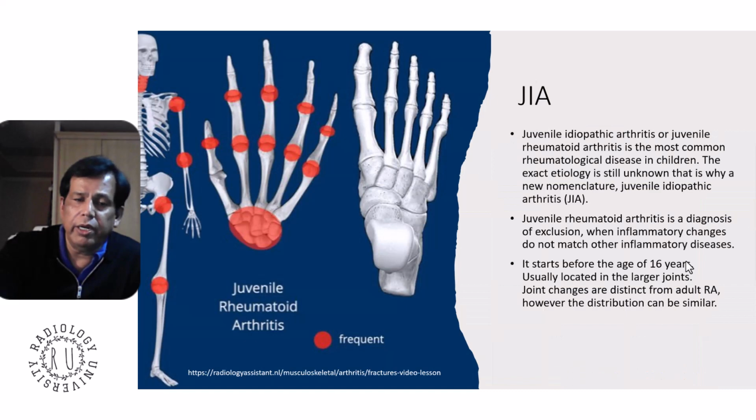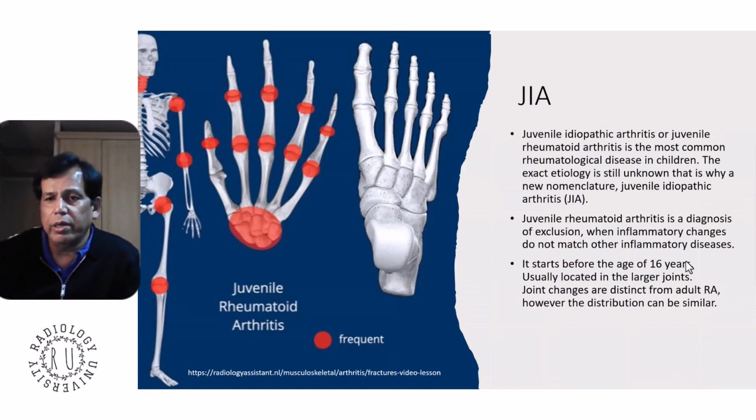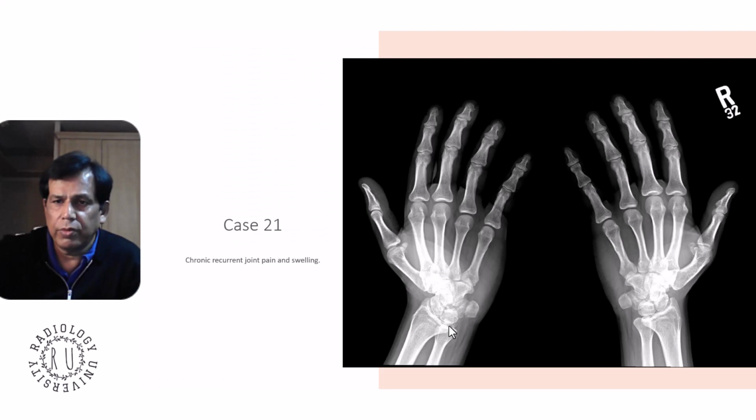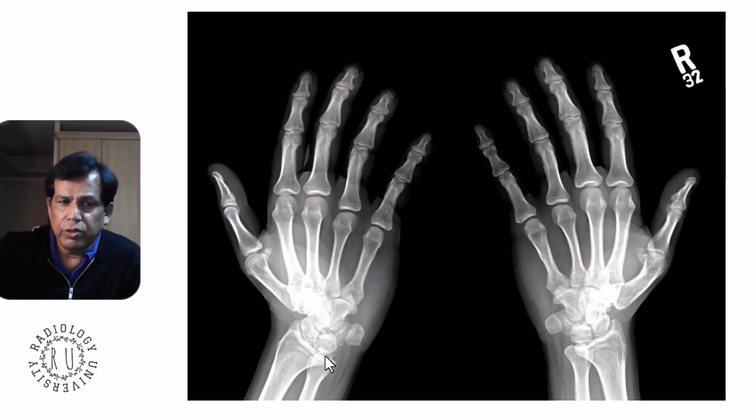Have a look at this slide. You can go through the text if you want to know more about it. Okay, so this case is a chronic recurrent joint swelling. The joints look normal to you.